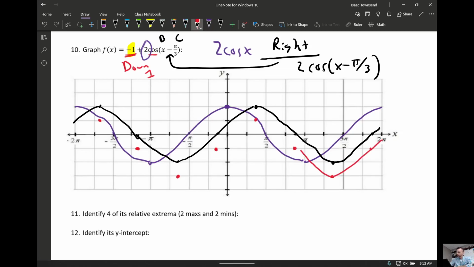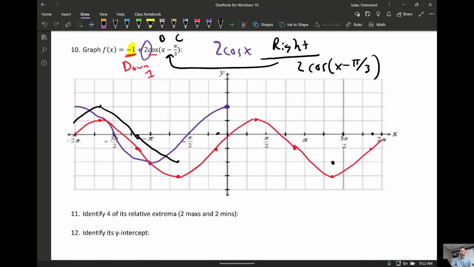So shift a bunch of the points down 1, reconnect them, and then I believe what's in red should be my final answer. I need to either label it as f of x to be clear which one I think my answer is, or just erase the others.